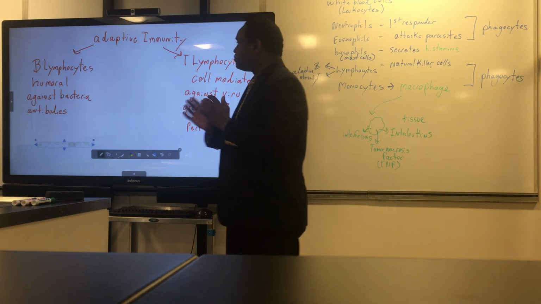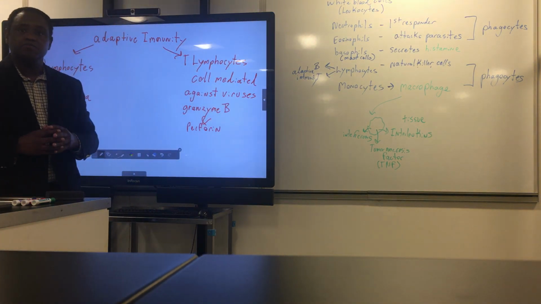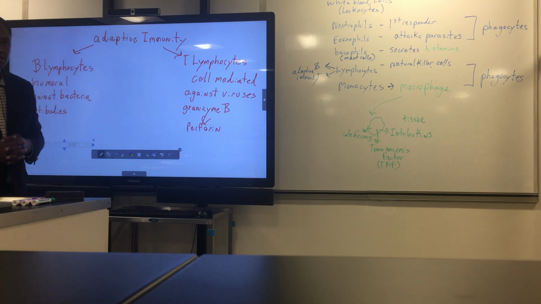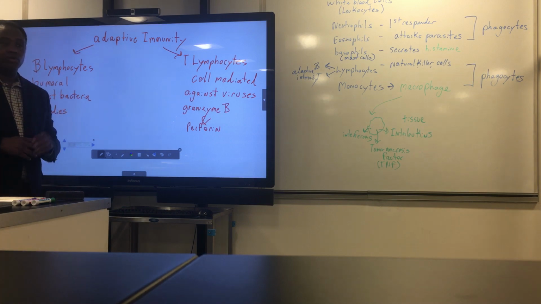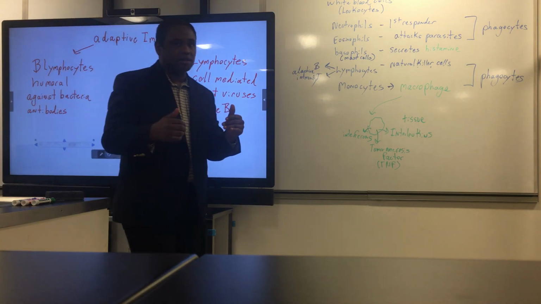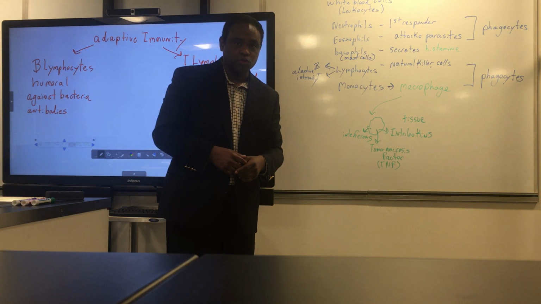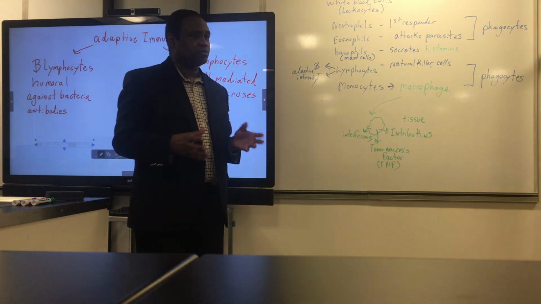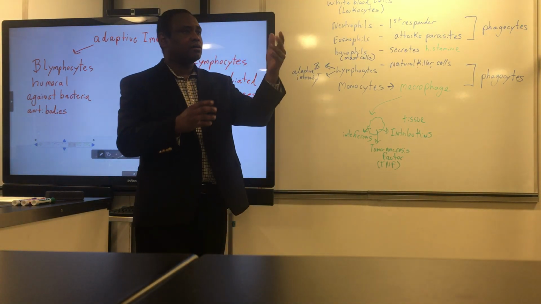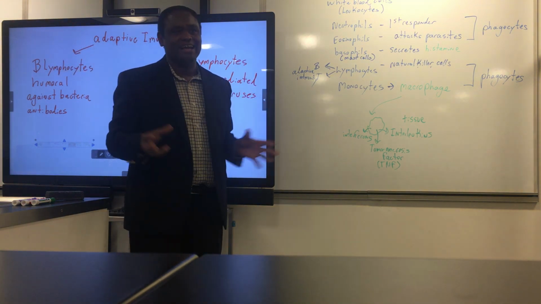Adaptive immunity has a feature of what we call specificity. With innate immunity, what I failed to mention was that no matter what, if I give an example of an invader coming into this room, and let's say the room is your body, those white blood cells in this room just attack that invader.